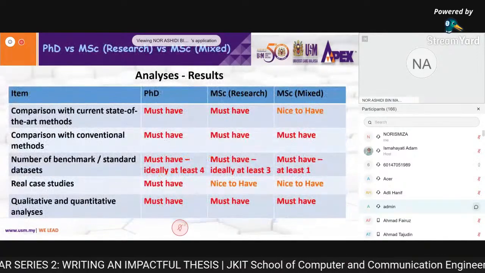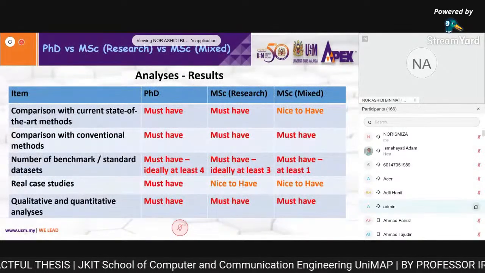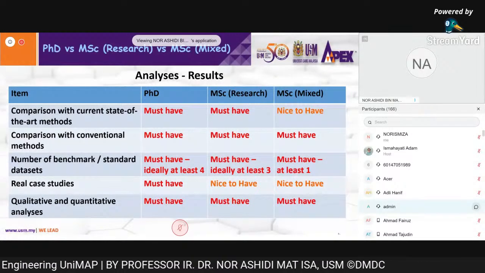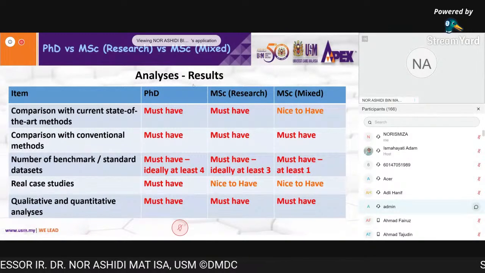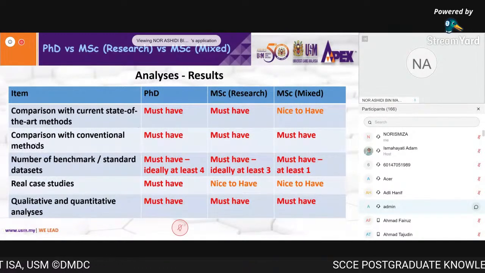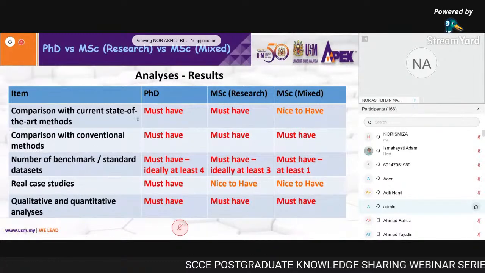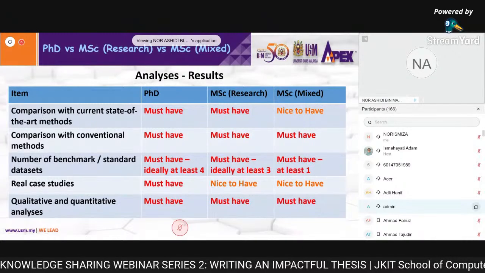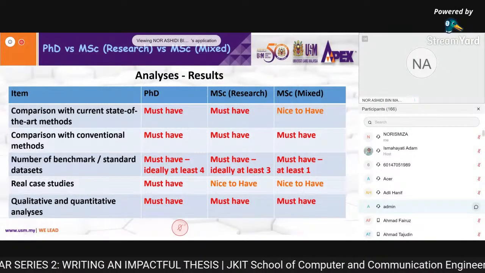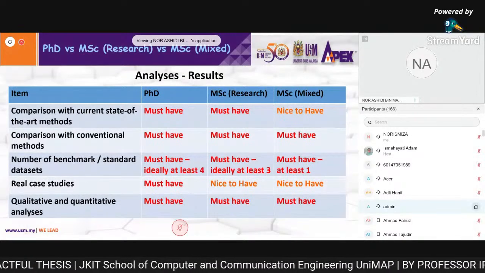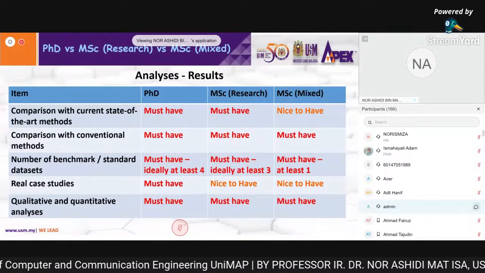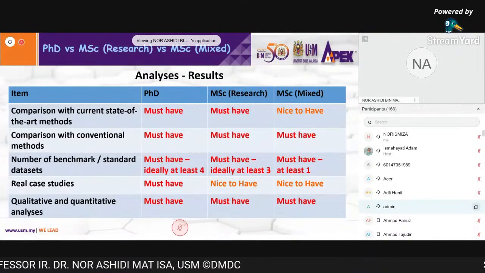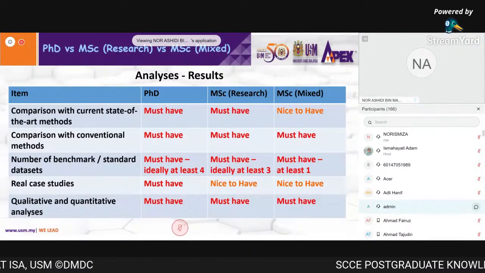Okay. Now the analysis. I'm still on PhD versus master. Okay. Now, for the analysis, for the PhD, whatever research we have done, when we complete certain research, we must compare our techniques with other techniques.